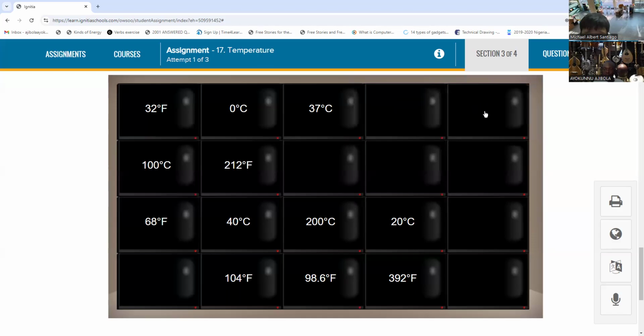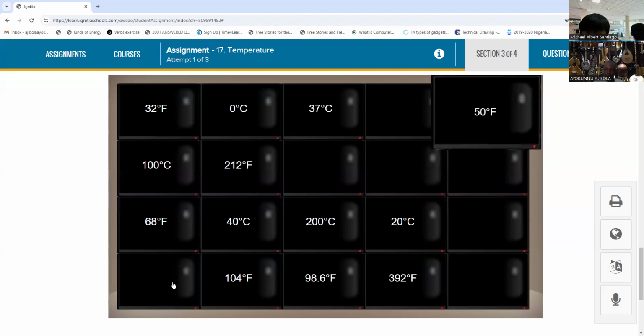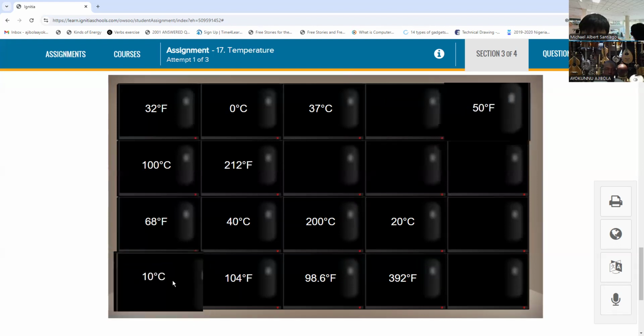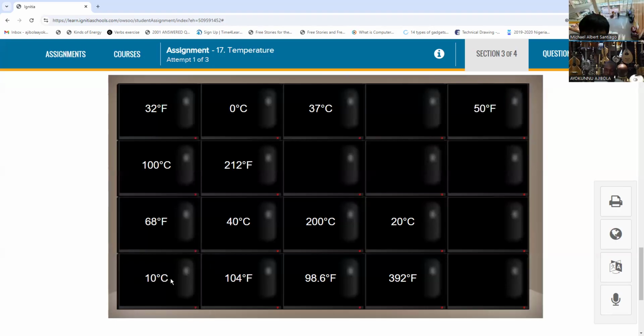So this one says 50. This 50, we have seen something that gave us 50 Fahrenheit before, which is down here, which is 10 degrees C. Is that clear now? All right. Now we have some spaces that we haven't checked.